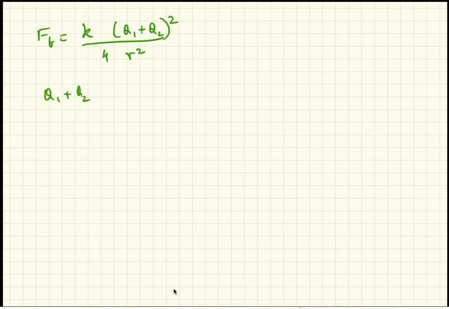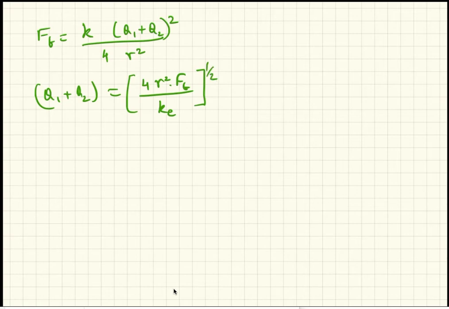The final force is Q1 plus Q2 squared over 4, and the 4 comes from Q1 plus Q2 divided by 2, squared, all divided by R squared. So Q1 plus Q2 is equal to (4 R squared F final divided by K) to the power half.